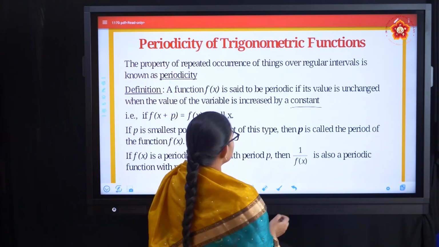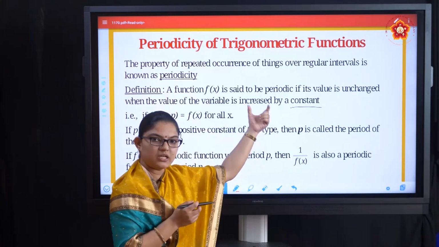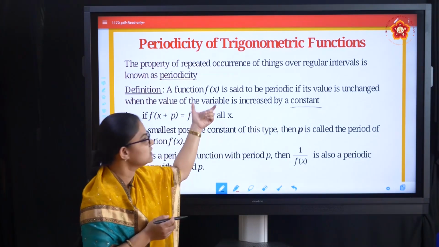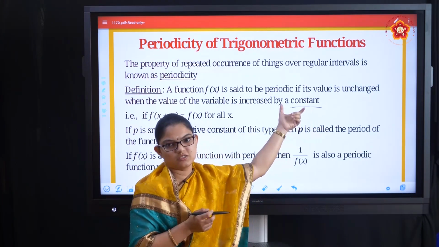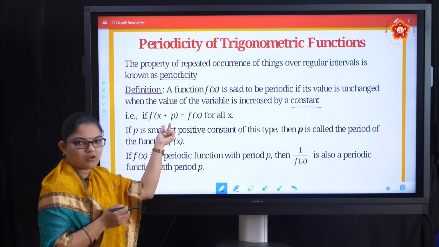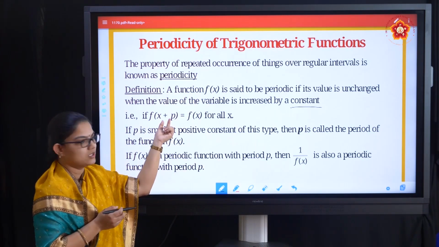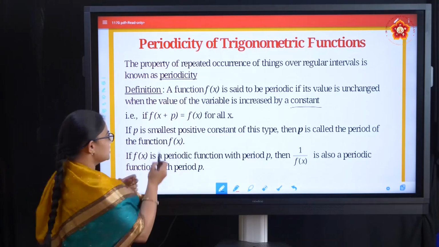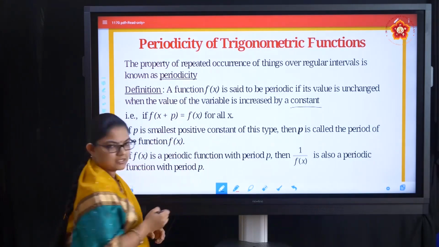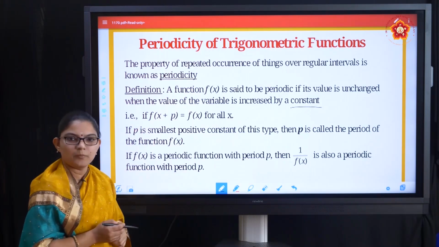Whenever you add a particular constant to a variable x, the function is unchanged. Such a function we call a periodic function. That is, if p is a constant for which f of x plus p is equal to f of x for all x, such a function is a periodic function.